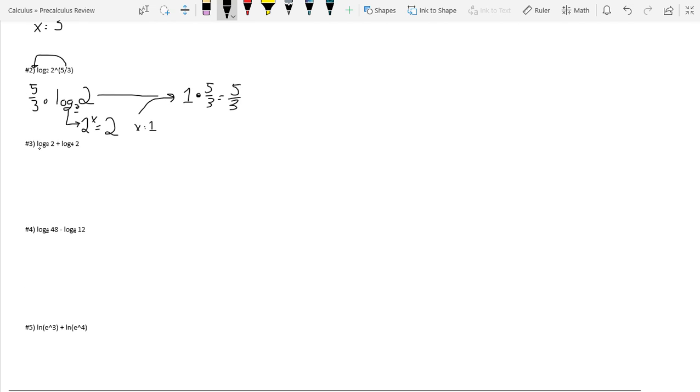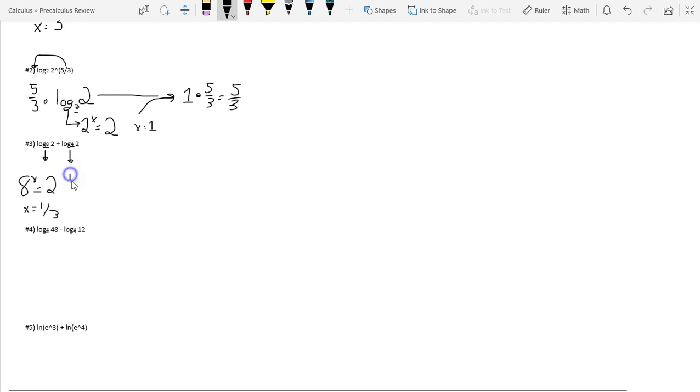For number 3, I have log base 8 of 2 plus log base 4 of 2. In this problem, I can't use the law of products because my bases aren't the same. I have to take the solution of this and the solution of this and add them together. So 8 is my base, 8 raised to the x equals 2. So in this case, x equals 1/3.